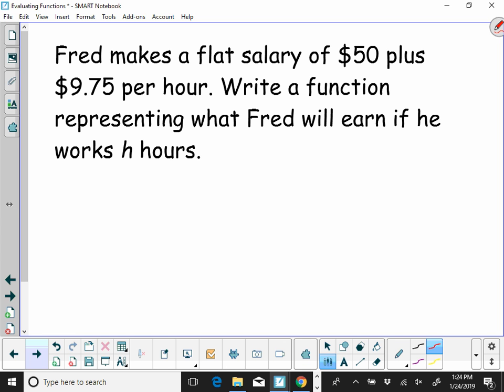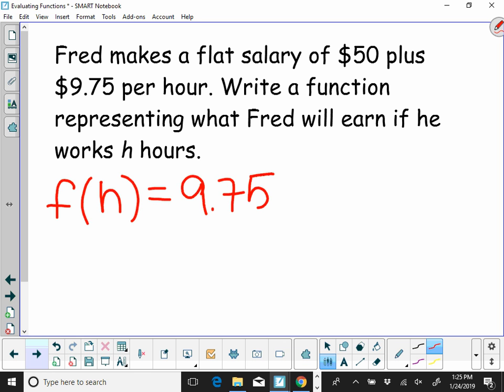Okay, Fred makes a flat salary of $50 plus $9.75 an hour. Write a function representing what he will earn if he works H hours. So what's our left side of the equation going to look like? F of what? H equals, all right, I heard it, $9.75 per hour, right?